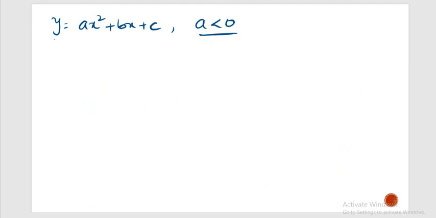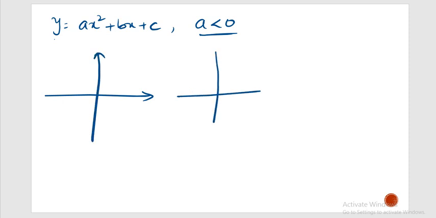If a is negative, then how does my parabola look? So let us see that. So this is the x-axis and y-axis. So here one more x-axis and y-axis, and one more x-axis and y-axis, right?